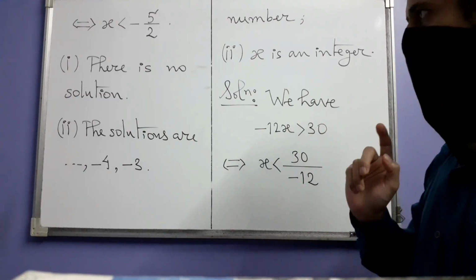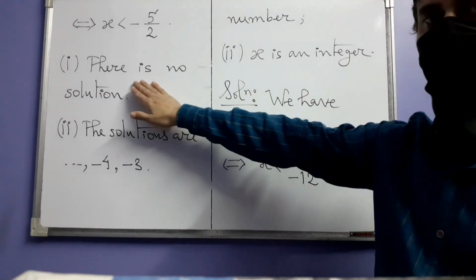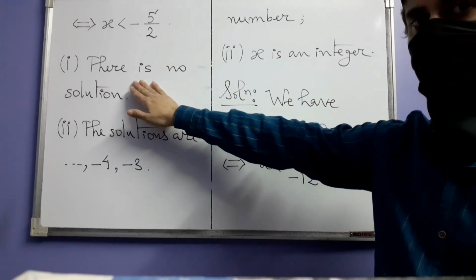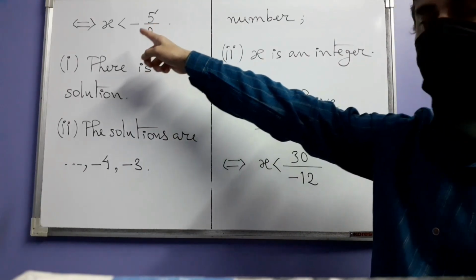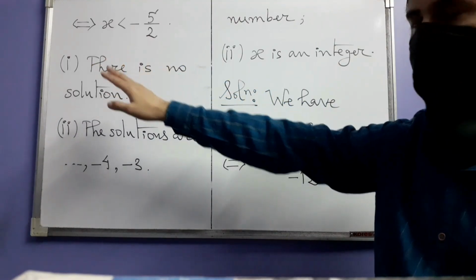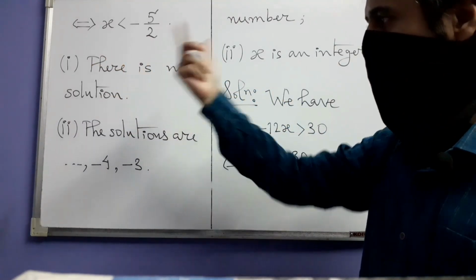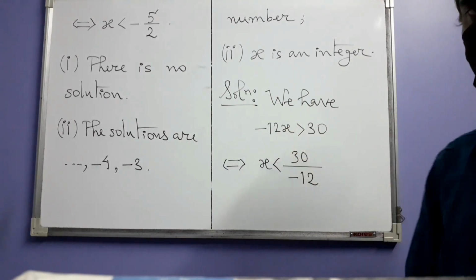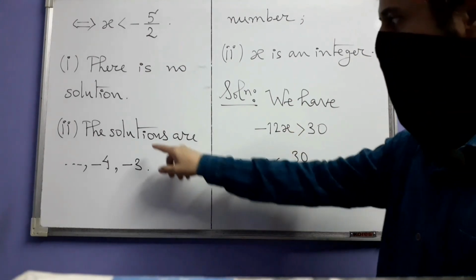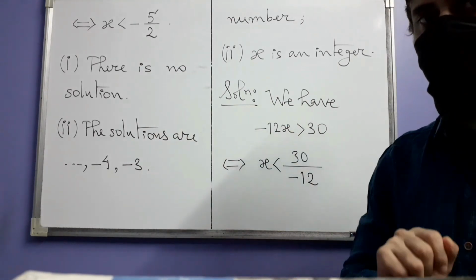And because of that, what was the condition in the first part? That x needs to be a natural number. But that is not possible. x is not a natural number, it's negative. So that is why there is no solution. There is no natural number x that will solve this inequality. And in the second part, x needs to be an integer.